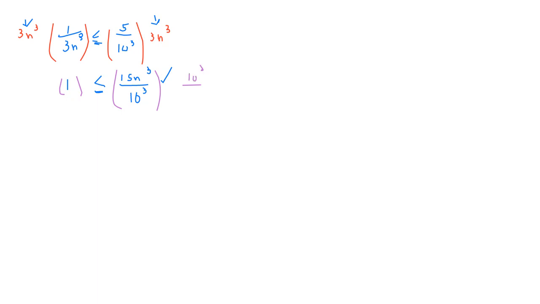That's right, 10 cubed over 15. Okay, so now 10 cubed is 1,000. And so we're going to get n cubed is greater than or equal to 1,000 over 15. Are there any questions on that?